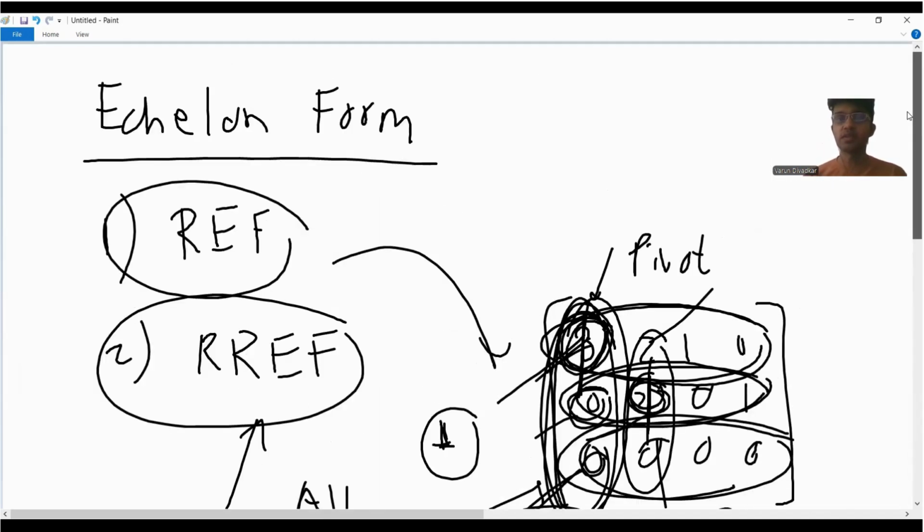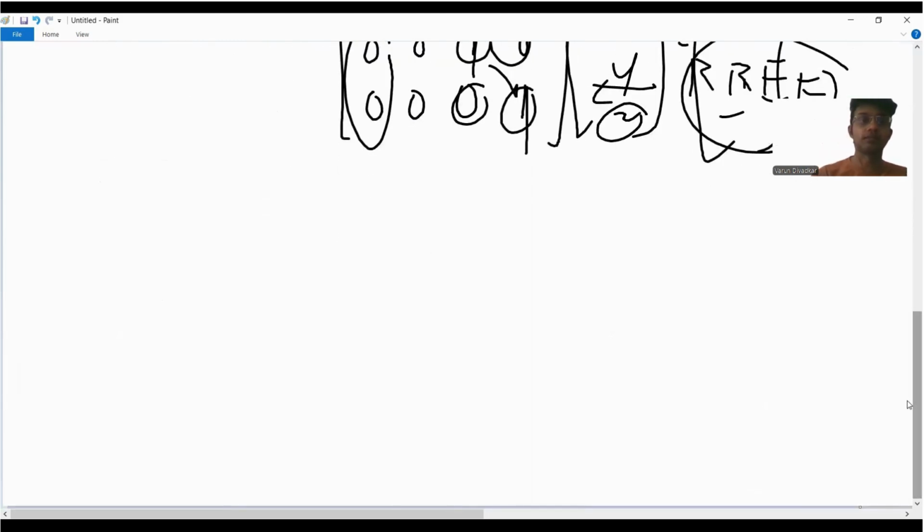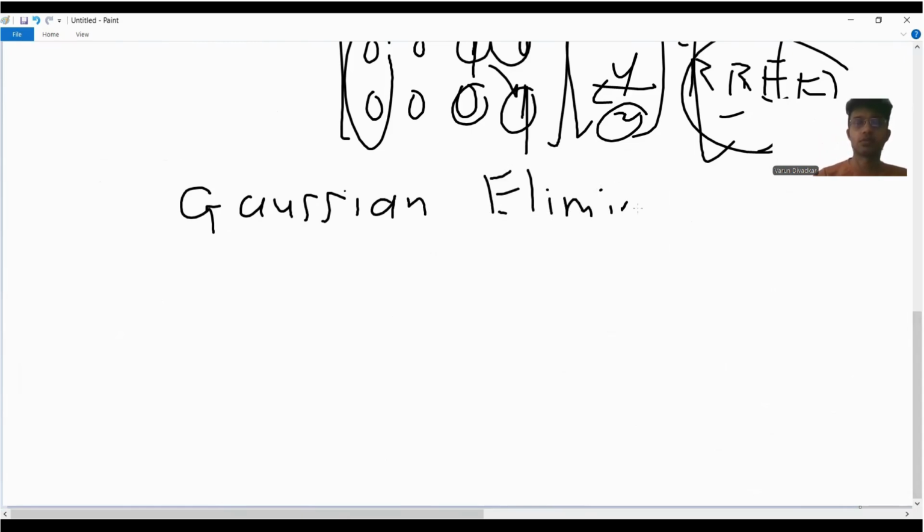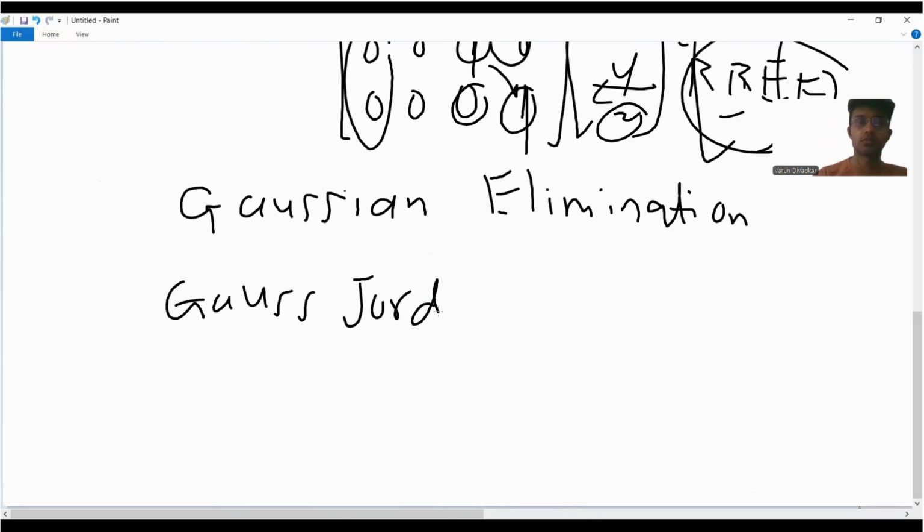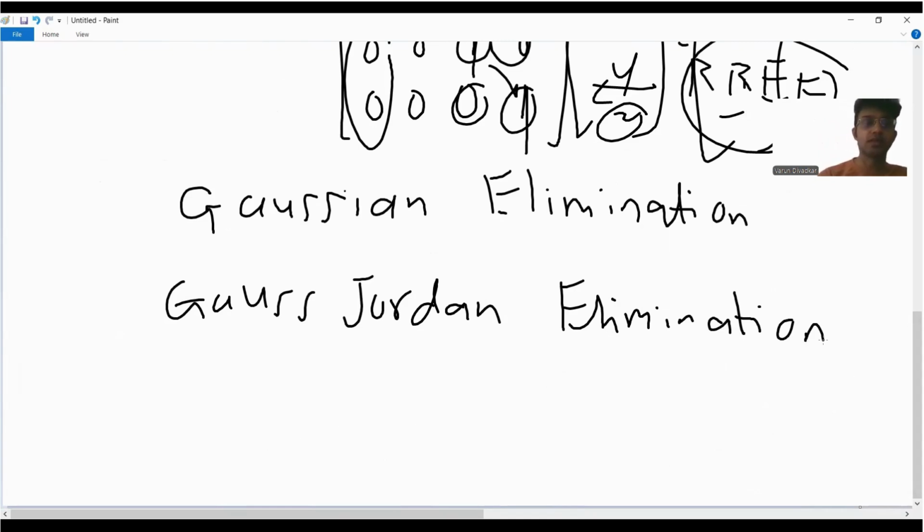So what's essentially the difference between your Gaussian elimination and the Gauss-Jordan elimination? Both of these use your elementary row transformations, right?